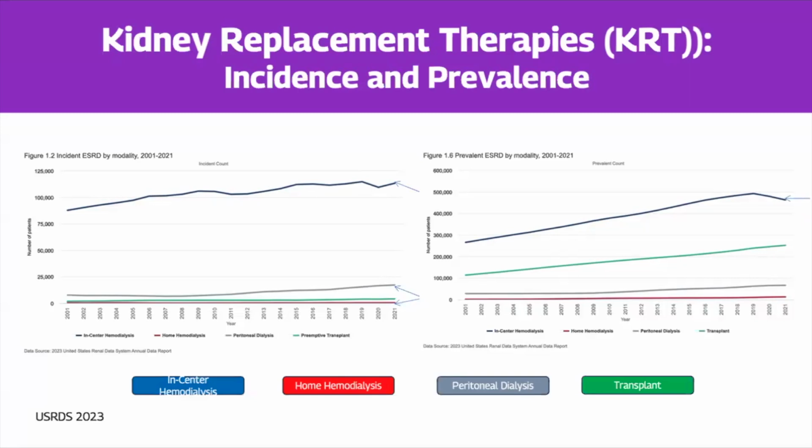PD, though, increased by 66,000 in 2021. So we grew a lot of PD programs and PD patients back then. And functioning transplants increased to over 251,000. That's your green line. Look how much it has increased since 2001.